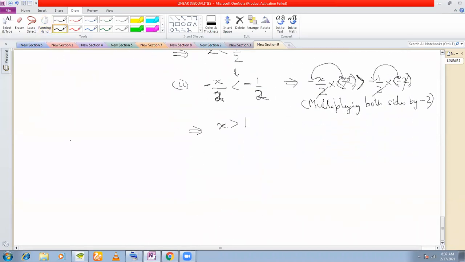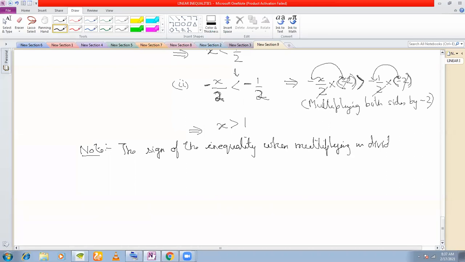And the final rule. Remember, if we are multiplying by a positive number, the sign of the inequality does not change when multiplying or dividing both sides of the inequality by the same positive number.